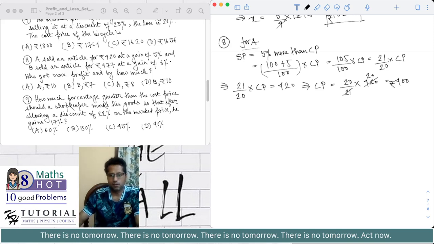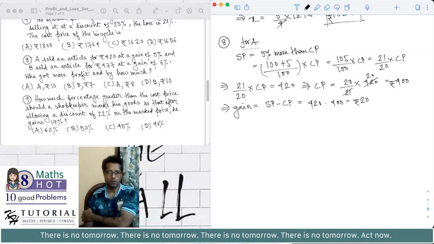So this implies the gain is equal to SP minus CP, which is 420 minus 400, which is equal to 20. The gain made by A is rupees 20.